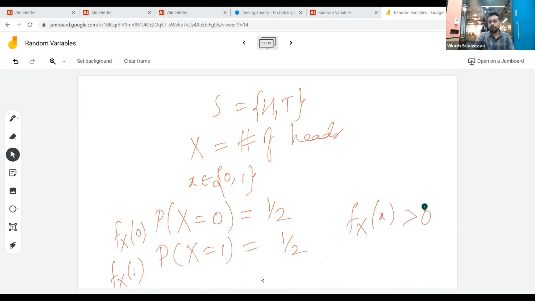You need to be aware that for values of the random variable for which the probability is 0, those are impossible events and we will not take them into account.